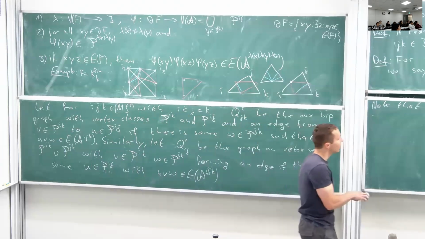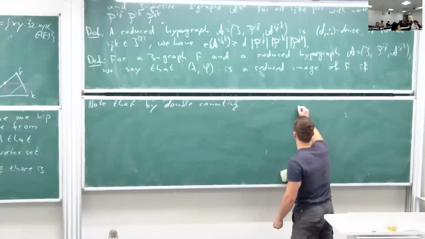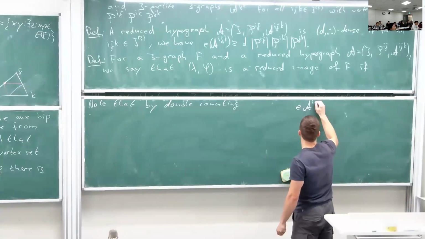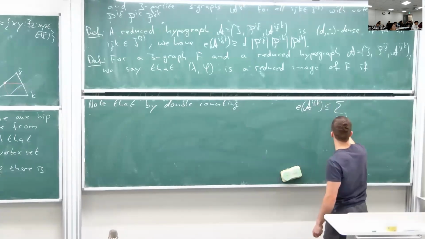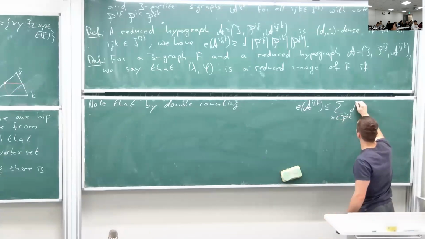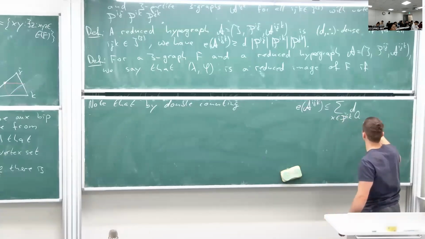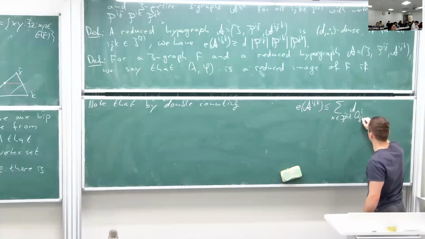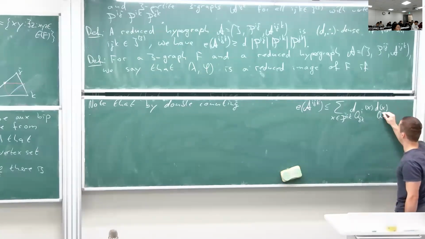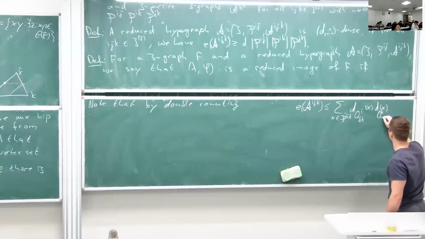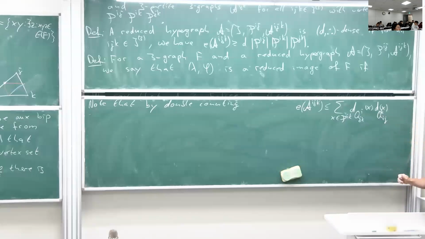So we have that the number of edges in this is at most the sum over all the vertices x in PIK, the degree with respect to QIJK of x times the degree with respect to QKIJ of x.